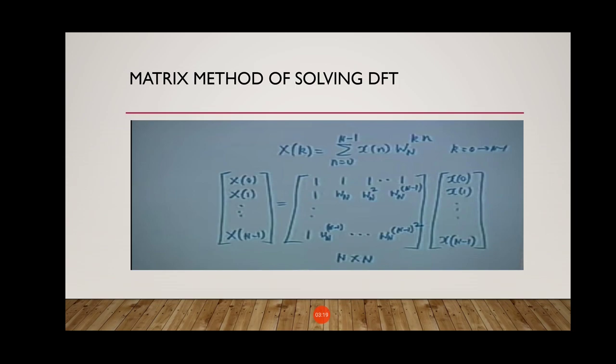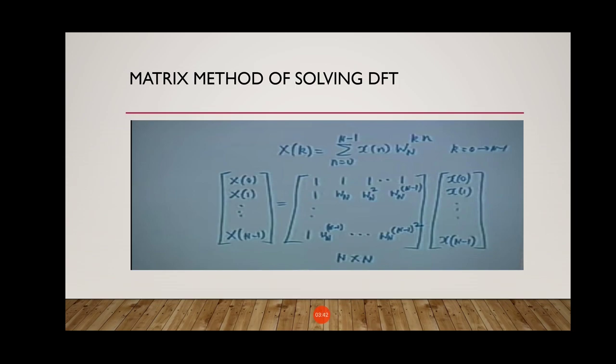In this way, if we calculate all the components in terms of the twiddle factor, the last component would be W_N to the power, k is N minus 1 as well as n is N minus 1. So you have W_N to the power (N minus 1) whole squared.